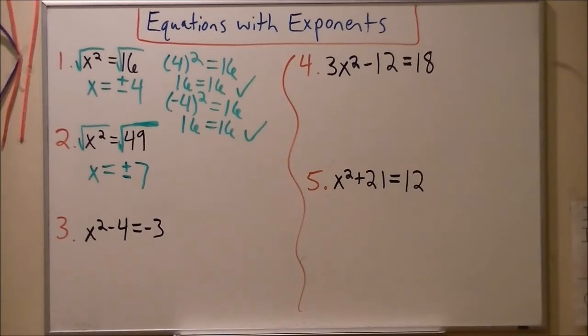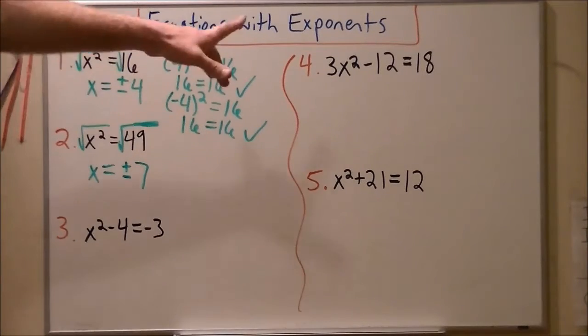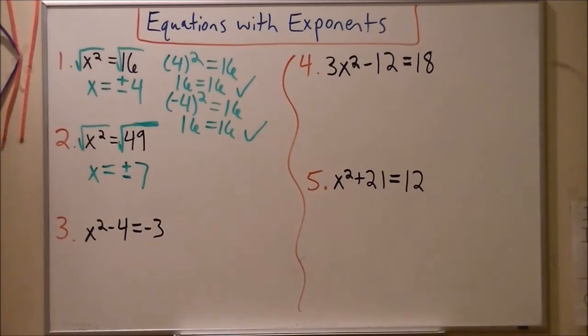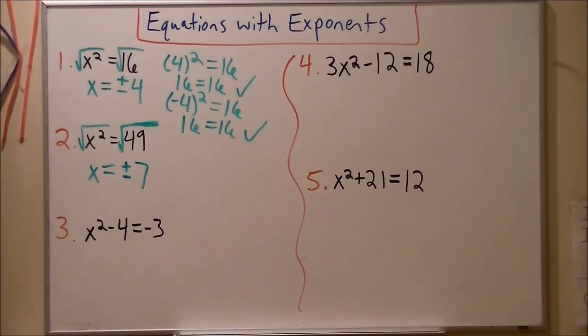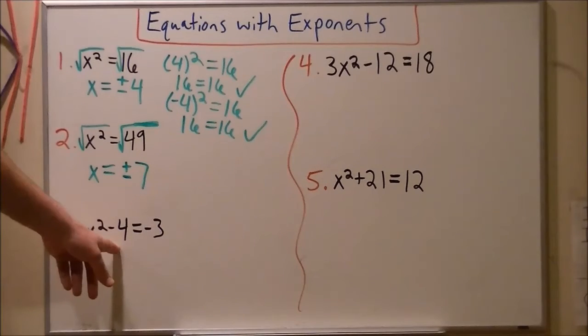Not too difficult, right? Well, let's move on to number 3. Instead of just one-step equations, now with these final 3 actually, I'm going to do 2-step equations. And I have x squared minus 4 equals 3. In a 2-step equation, I start in the simplest place first, which is addition or subtraction.